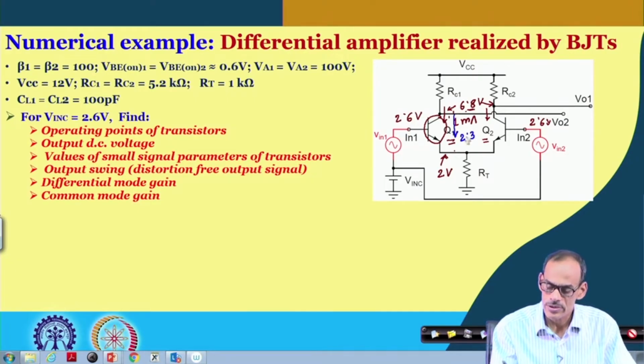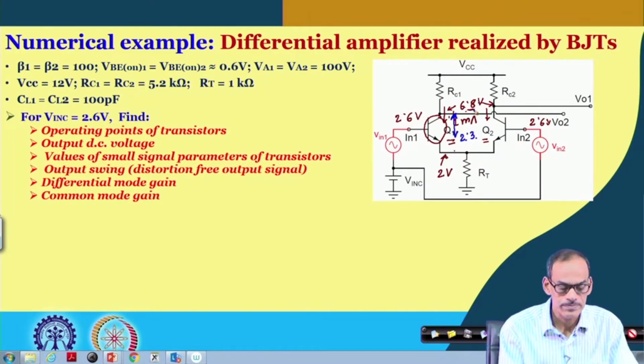So, likewise, we do have a swing with respect to the DC voltage of 6.8 minus 2.3, so that is equal to 4.5. So, the negative side swing is 4.5.